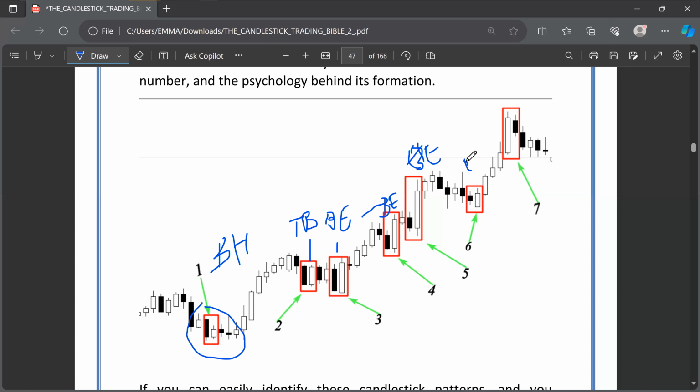I hope we are correct, so we see it at the end. Now, the last one is a harami. But what type of harami? I would say it is bearish. In fact, bearish harami. You can also say only a harami, or inside pattern, whatever. So that is it. We are going to look at the answers now.